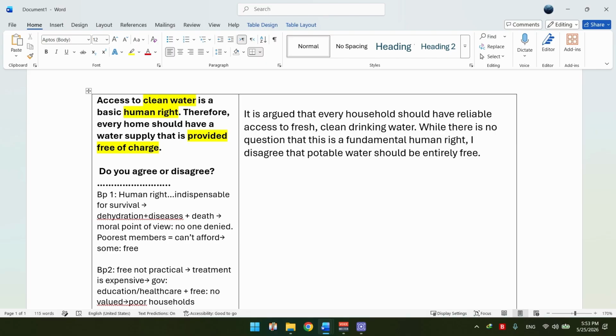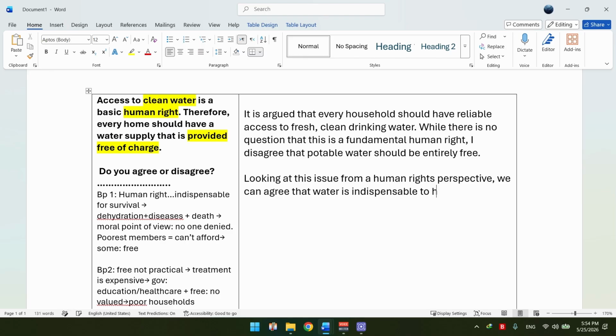All right, let's go through our first body paragraph. Looking at this issue from a human rights perspective, we can agree that water is indispensable to human survival, and a shortage.